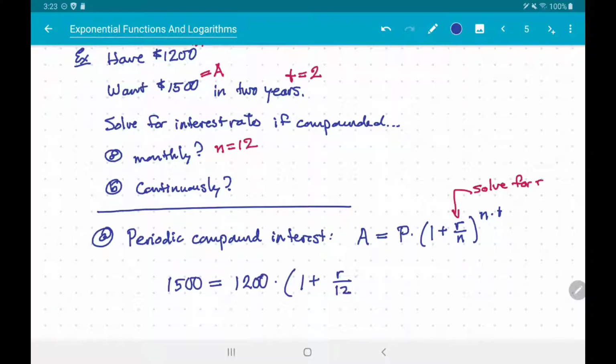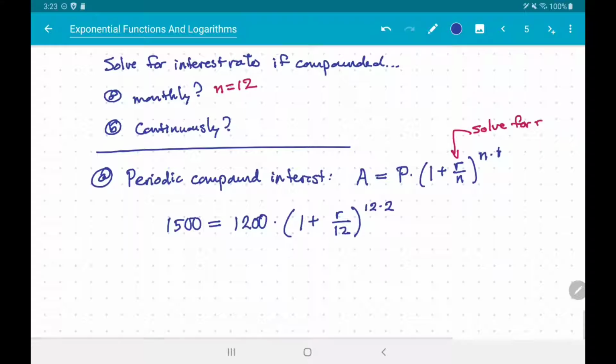N is 12, and then N is 12 again, and times 2. Okay, let me just copy this with a little bit of cleanup. 12 times 2 is 24.